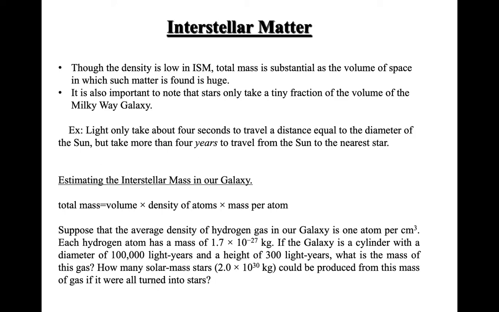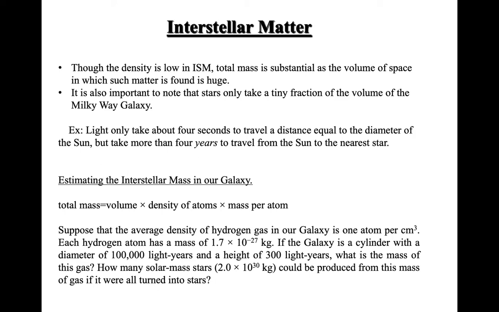Now, if I assume our galaxy has a cylindrical shape with a diameter of 100,000 light years and a height of 300 light years, what is the mass of the gas? This is roughly the mass of the gas in our galaxy.